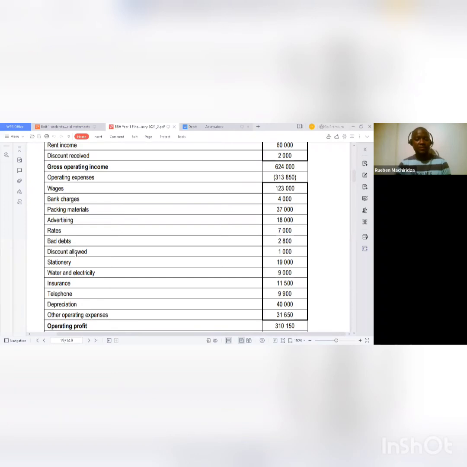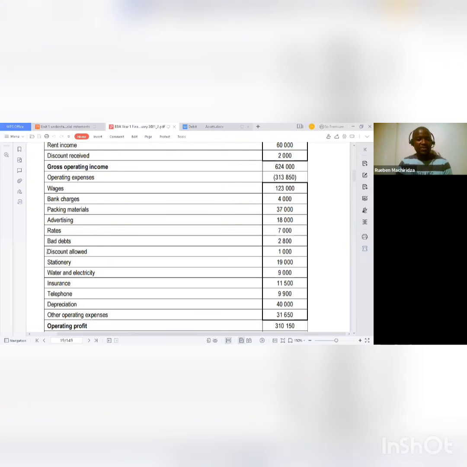So a debtor might owe us 6,000. Then we tell them that for that 6,000, if you are going to pay now, we are going to deduct 1,000. So you actually pay us 5,000, and the other 1,000 will be the loss.